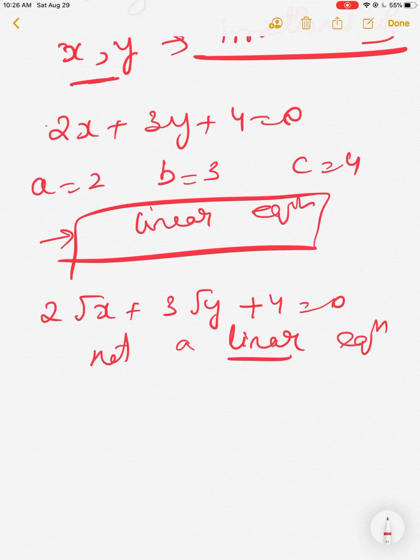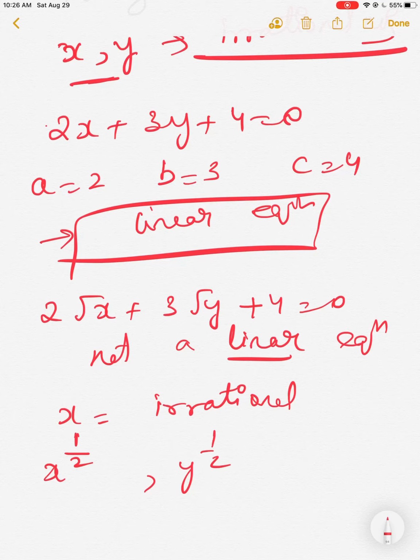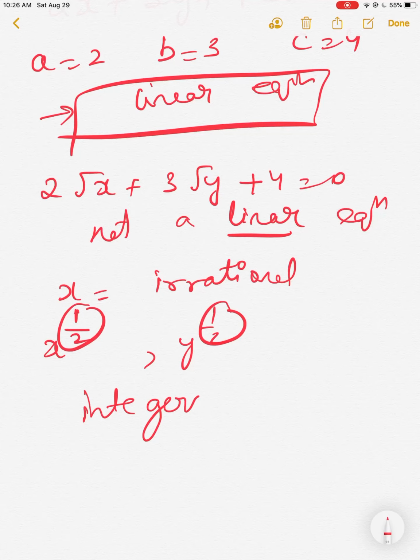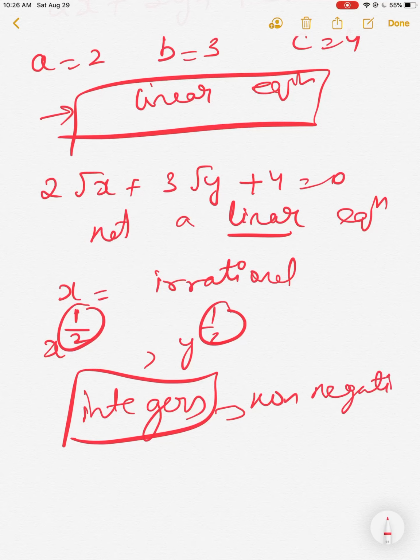Because here x is under a root. What is the power of x? If you take out the square root, it is half. Similarly the power of y is half. So actually the exponents should be non-negative integers. Negative, supposing x raised to power minus 1, this is also not a linear equation.